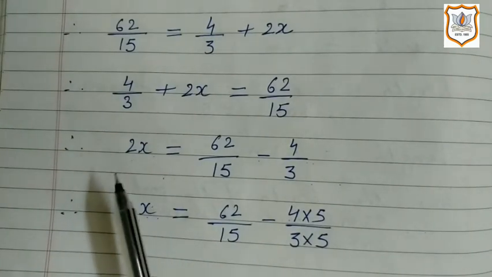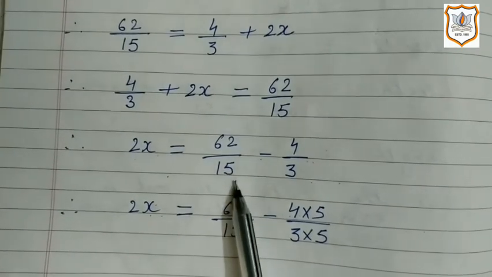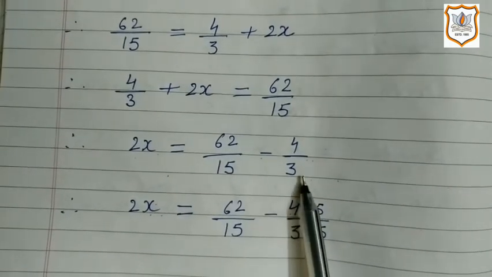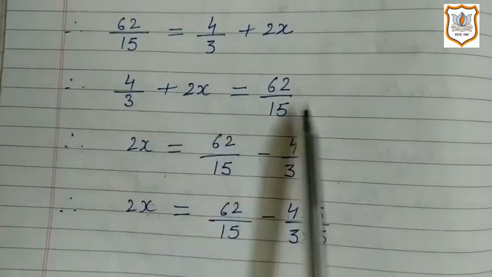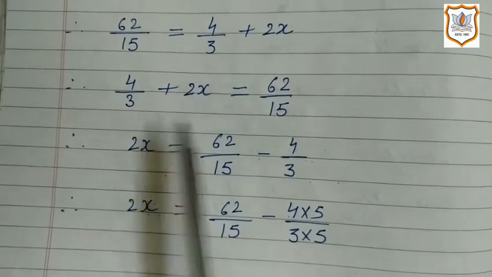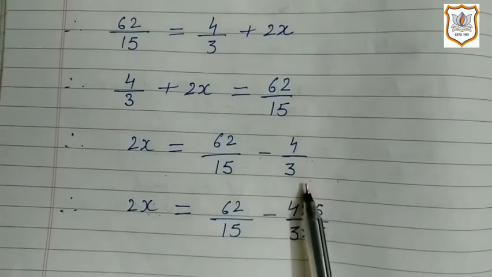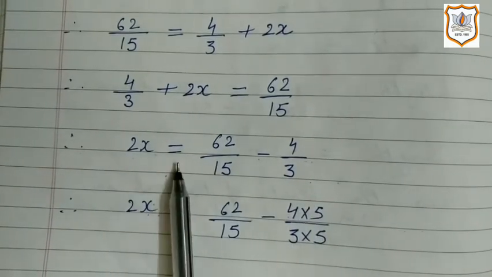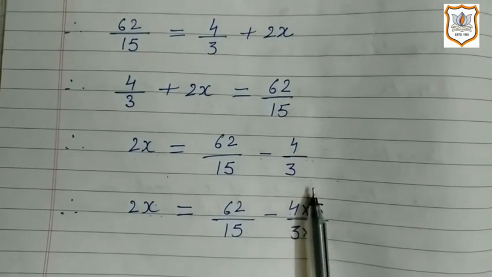We write 2x is equal to 62 upon 15 minus 4 upon 3. Look here. We interchange both sides and shift 4 upon 3 to the right side, and the sign will be changed. So we write 2x is equal to 62 upon 15 minus 4 upon 3.